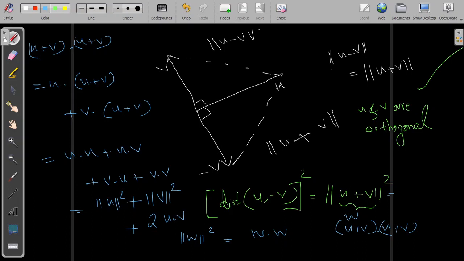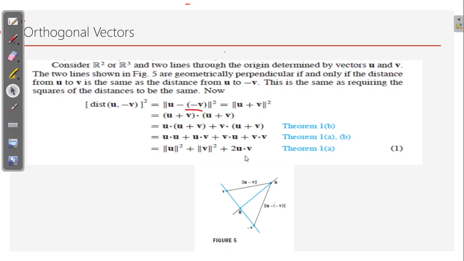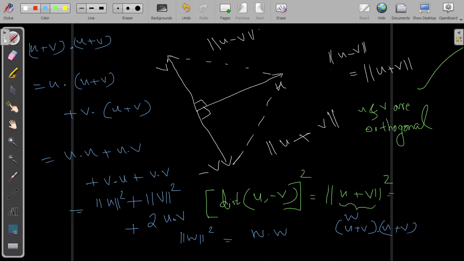Why? Because u inner product v is the same as v inner product u by the property of inner product. So this is the distance between u and minus v.